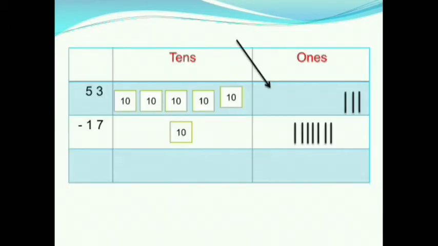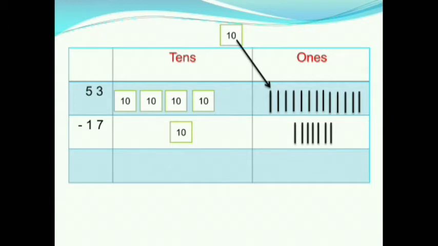Children, now we should subtract 17 from 53. First we should subtract units place digits. They are 3 and 7. 7 units cannot be subtracted from 3 units. Hence borrow 1 ten from tens place and change into 10 units. Now there are 13 units.